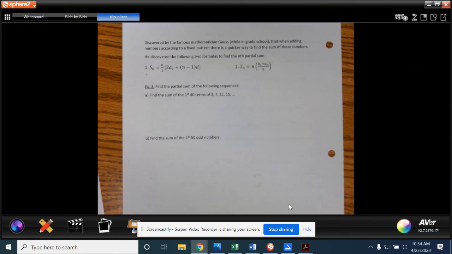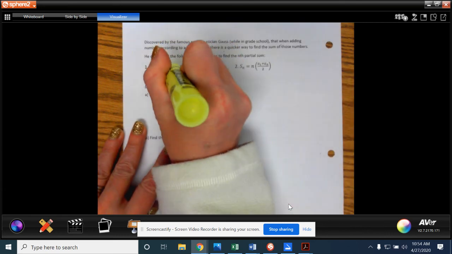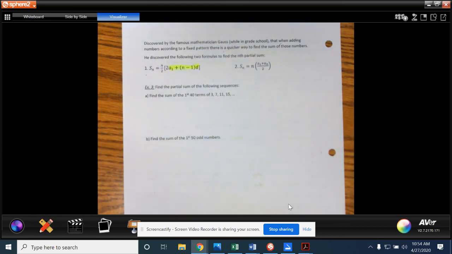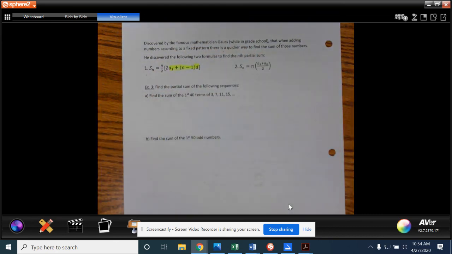Now, the first one looks a lot like the general form of the arithmetic sequence. The inside part is exactly like the general form, except that there is a 2 in front of the a of 1, and then you multiply it by n over 2.